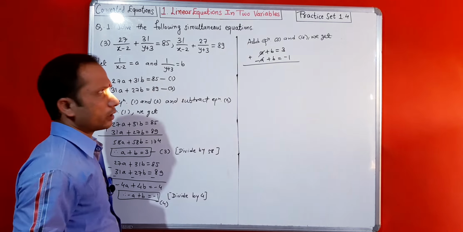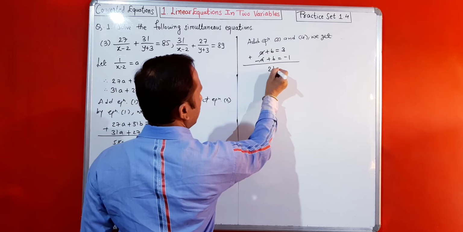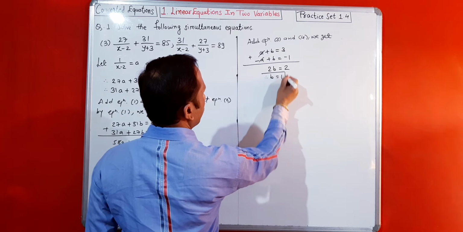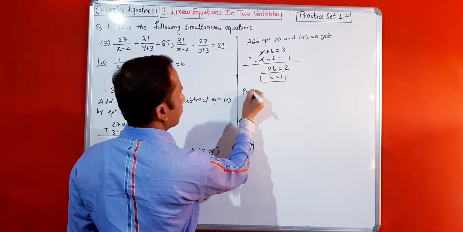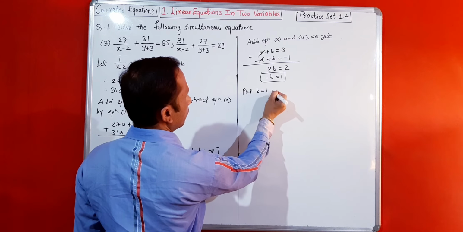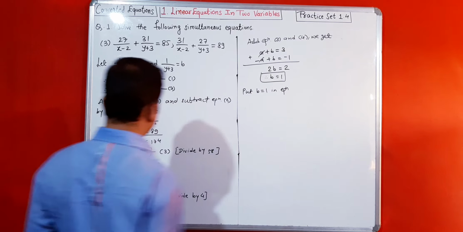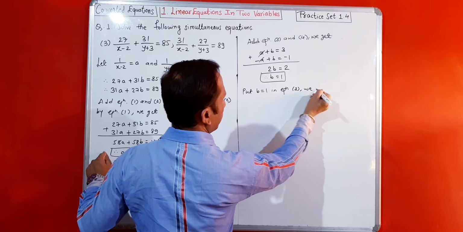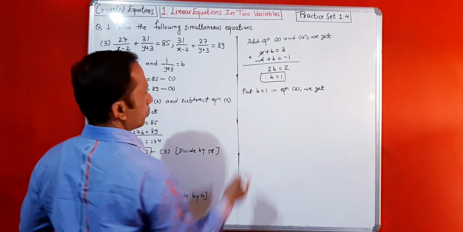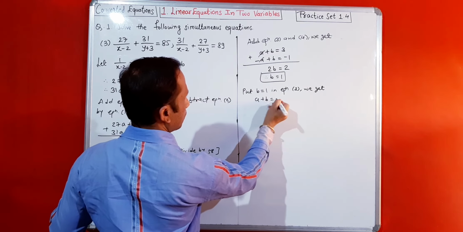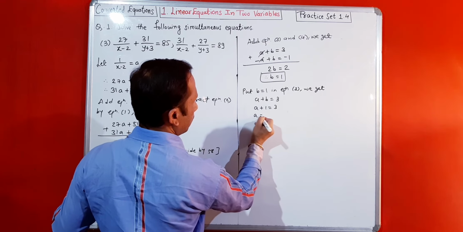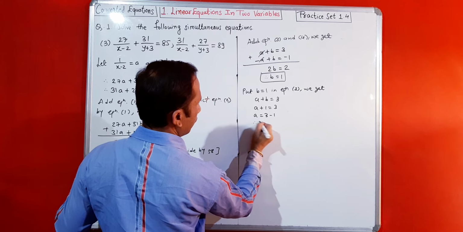Minus a and plus a get cancelled. 2b is equal to 2, therefore b is equal to 1. Now put b is equal to 1 in any one equation. From equation 3, a plus b is equal to 3, so a plus 1 is equal to 3, therefore a is 3 minus 1, so a is equal to 2.